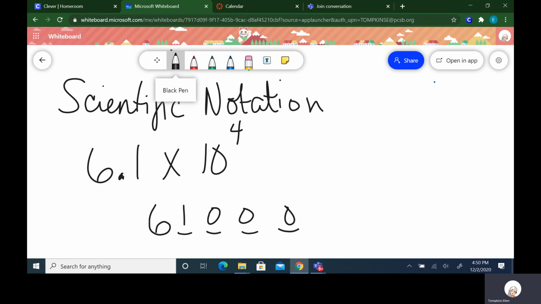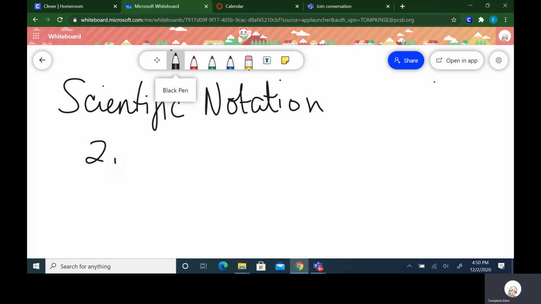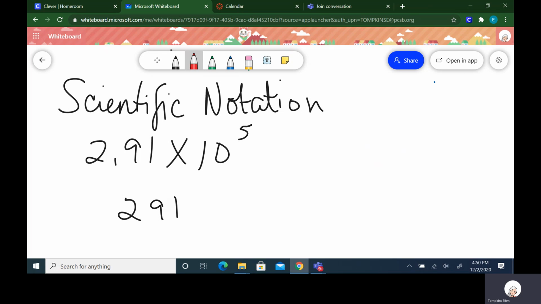All right. One more of these, and we have 2.91 times 10 to the 5th, large number, positive exponent, 291. I need 5 place values after that 2, after that decimal, so 1, 2, 3, 4, 5. There you go.